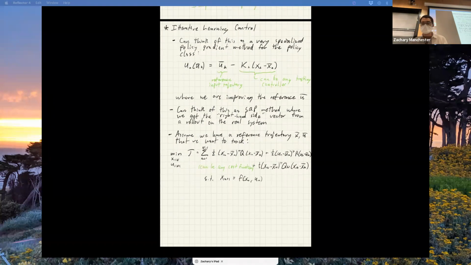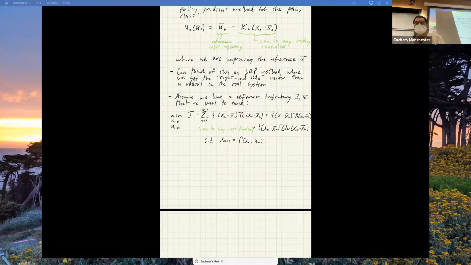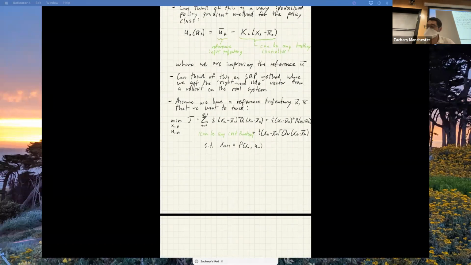Okay, so like we've done before with direct methods and SQP, we're going to write down a KKT system for this thing. I'll write this down, and then we'll talk about it a little bit.